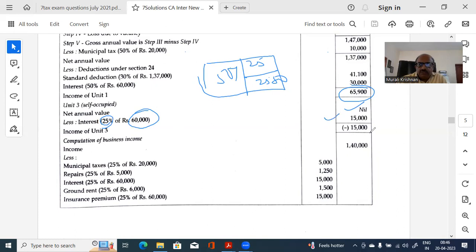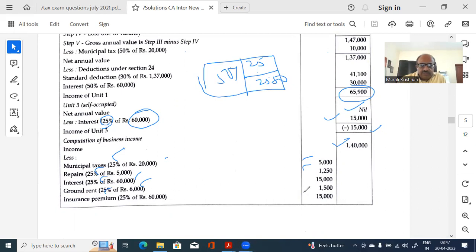That will be available, so minus. What about this business? Business income they have given as 1,40,000. But from municipal taxes, 25% you can get. Repairs, 25% you can claim. Interest, 25% you can claim. Ground rent you can claim 25%.